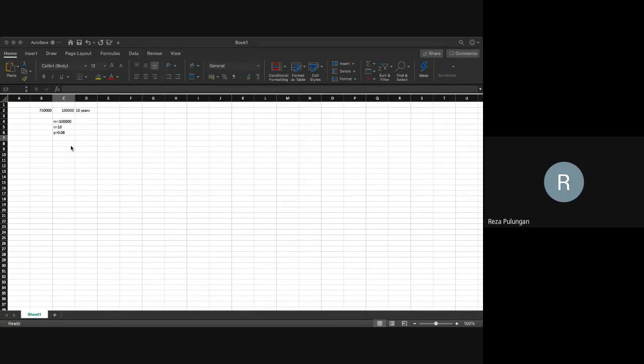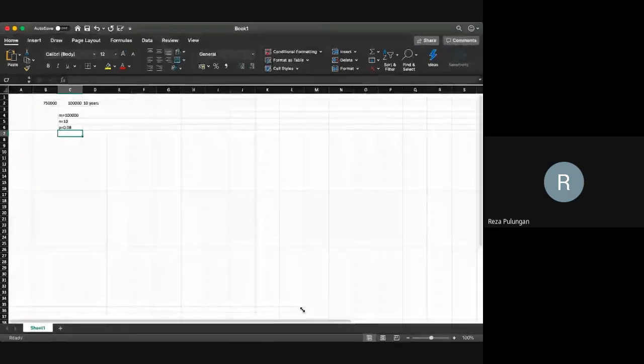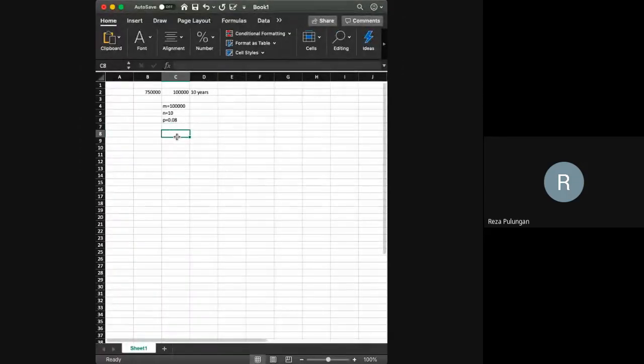So the formula will be, I'll just compute it here.